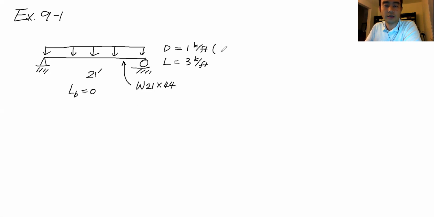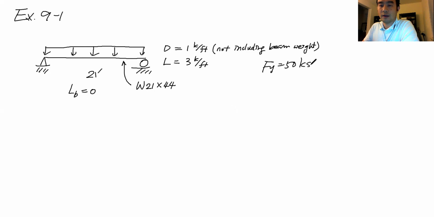As I said, this dead load does not include the beam weight. So how can we determine whether this W21x44 section, as a compact and laterally supported beam with this span and this given load, is good enough to support the load or not? And one more thing, the Fy is given as 50 ksi.